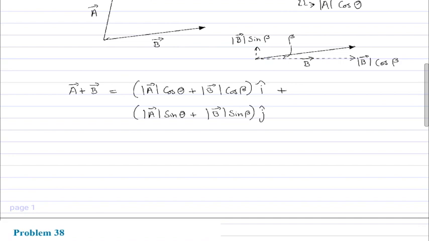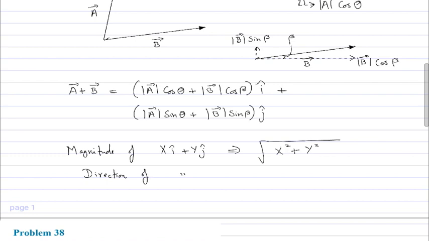And as we've discussed in class, the magnitude of a vector of the format x i hat plus y j hat is given by the square root of x squared plus y squared, and the direction of the same vector is given by the tangent of theta, which is the angle made by the right triangle with x and y as the sides that are not the hypotenuse, equal to y over x.